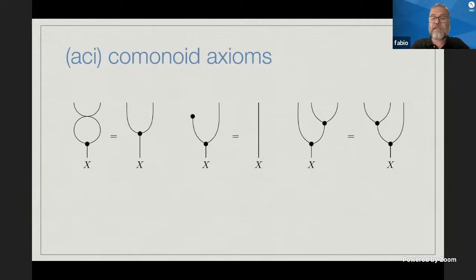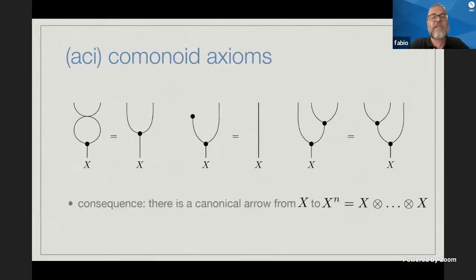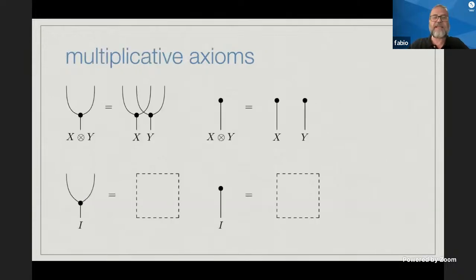The bottom line is that if I have these axioms, there is a canonical arrow for each object, from X to X^n, which is basically n copies of X. But then you can also add some axioms like this multiplicative one, which tells you how copy and discard, share and delete, interact with the tensor product.